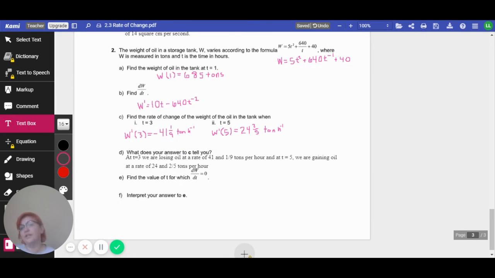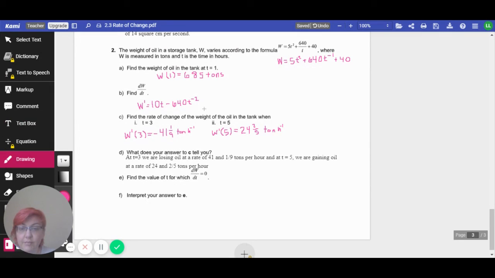So now let's find the value of t for which the derivative is 0. All right. So I'm going to take my derivative and set it equal to 0.